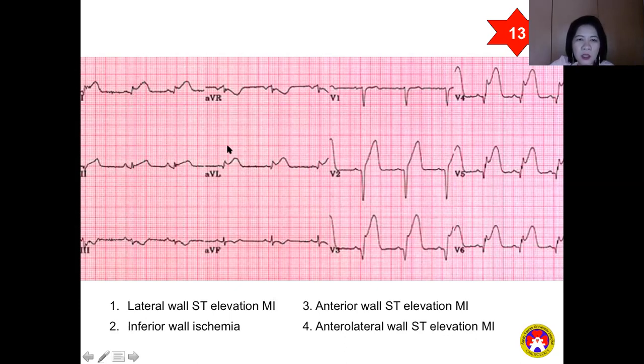So immediately look at AVL. You see the same ST elevation. So you have abnormality in the lateral wall. How about lead 2? You have an ST elevation, but in lead 3 and AVF, you have a downsloping ST depression and T-wave inversion.